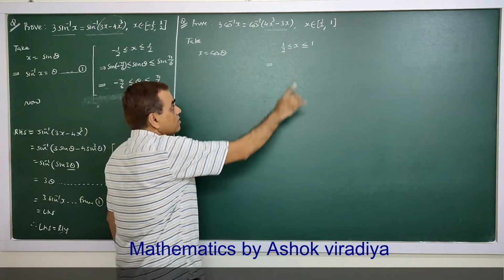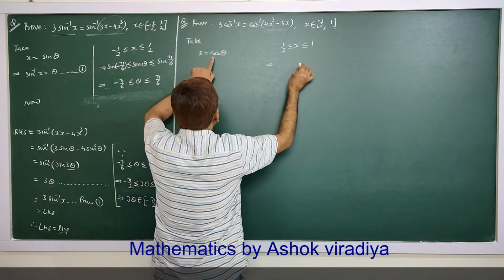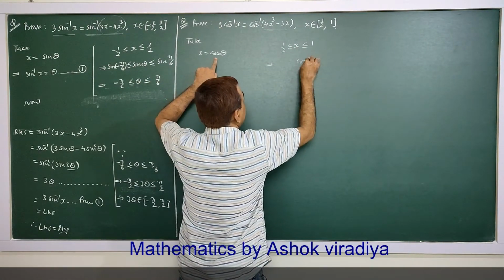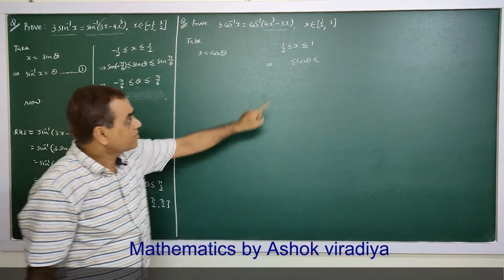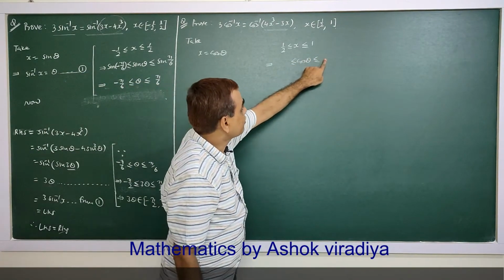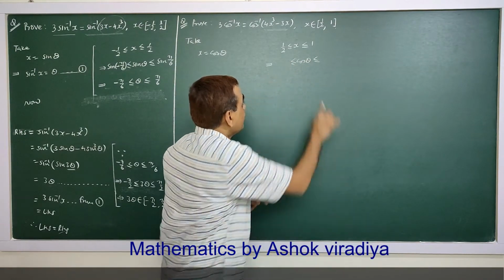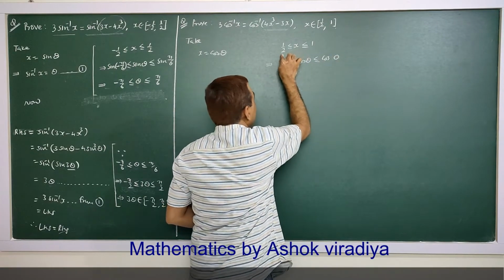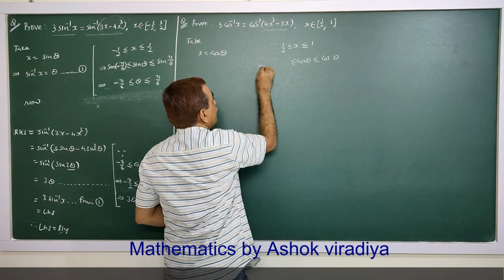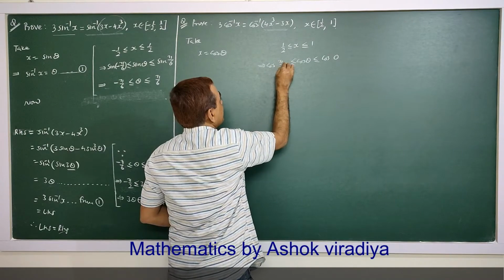Now x is cos theta, so I keep cos theta here. Because this is cosine, here also we keep it in terms of cosine. 1 is cos of 0 and 1 by 2 is cos of pi by 3.